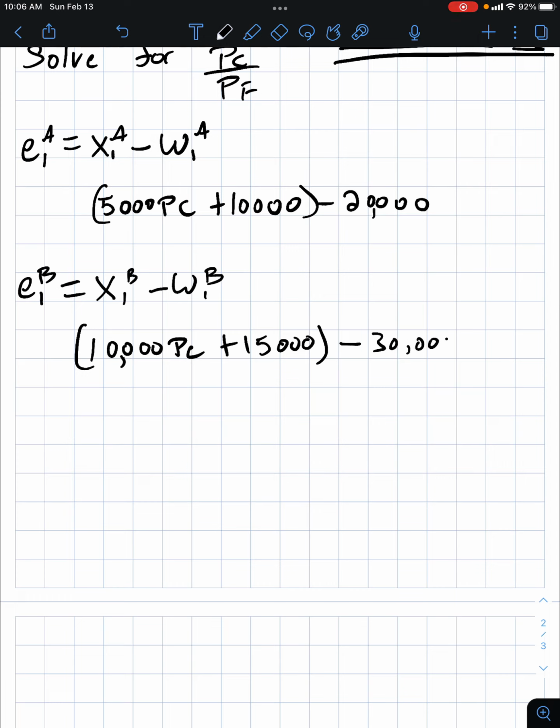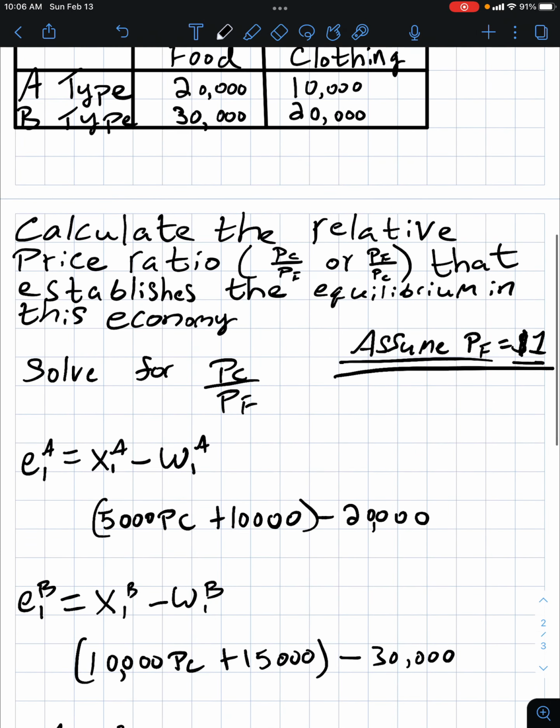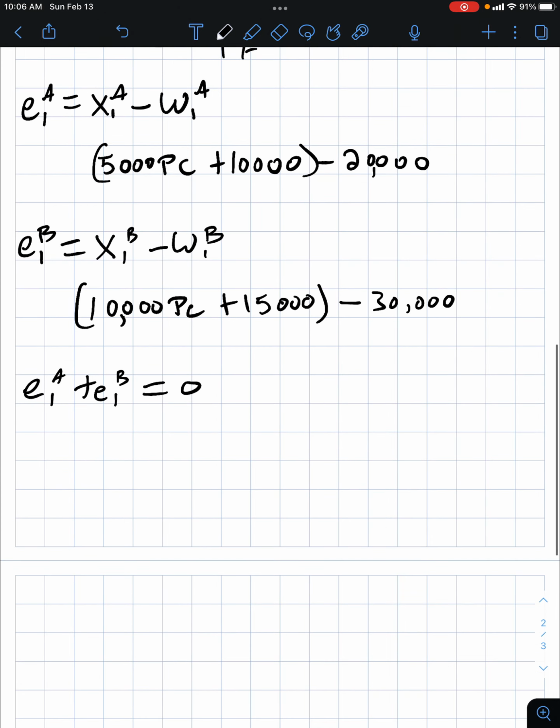So we get 30,000, and that's E_1^B. And now to solve for a relative price, we just set E_1^A plus E_1^B equal to 0. And this will allow us to solve for our PC.